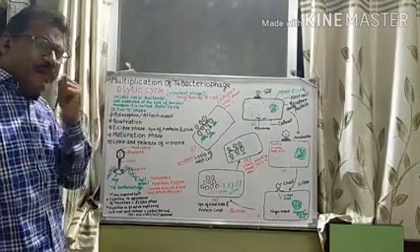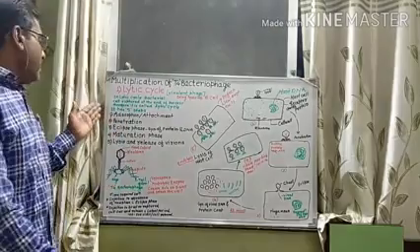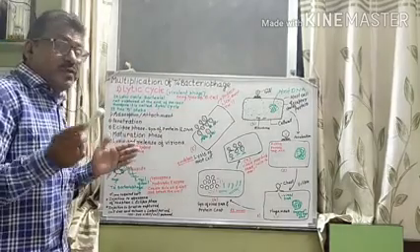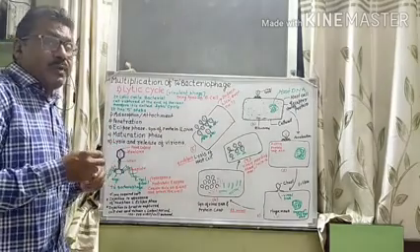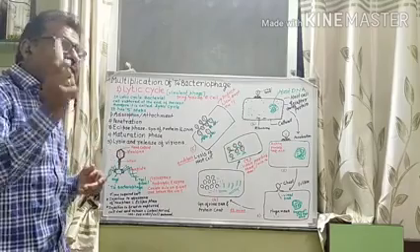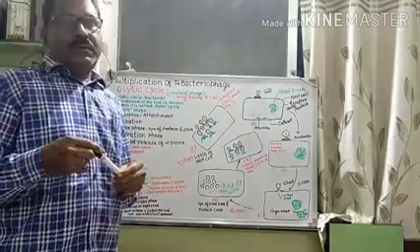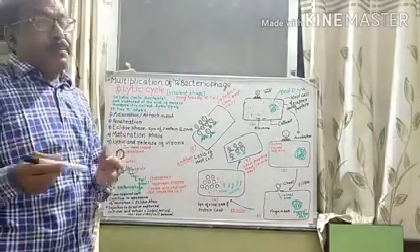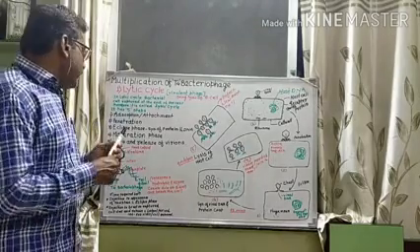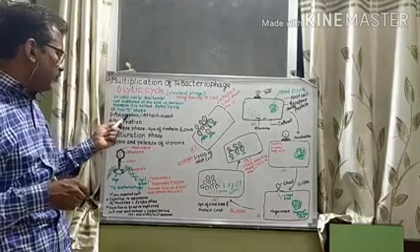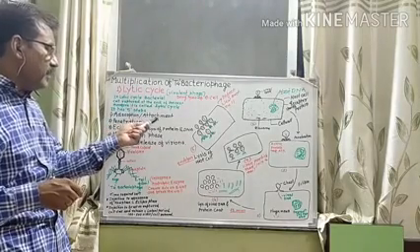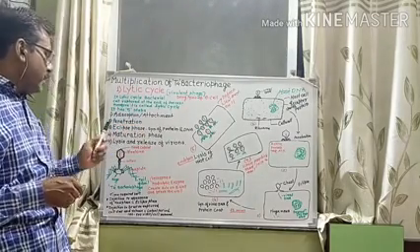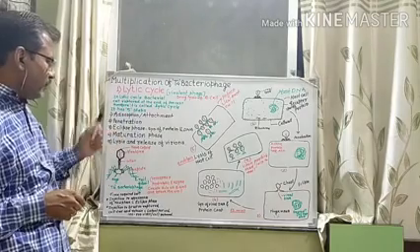So what are the different phases? You already studied this in 12th standard also. What are the different phases involved in the multiplication of viruses? The first phase is the adsorption phase, also called the attachment phase. The second is the penetration phase.